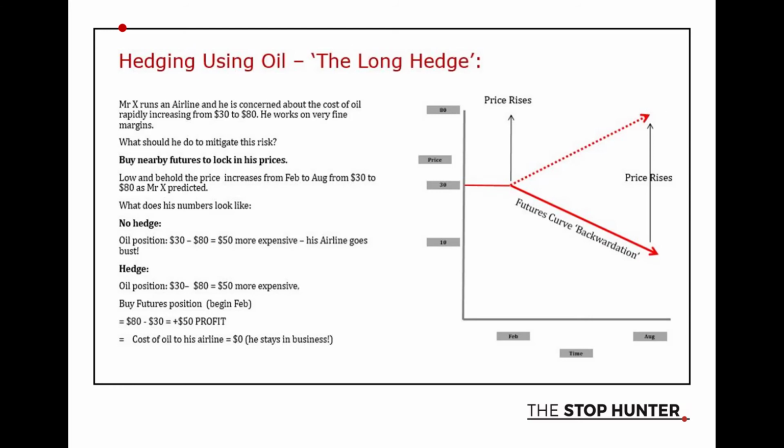But if he hedged the position, remember he bought the futures, he would have lost $50 on the price rise of the actual oil, but the derivative contract, the futures, went up from 30 to 80. So he's actually made $50 of profit there. That negates the real fast rise in the price, and therefore net zero. And he's a happy customer because he's still in business.